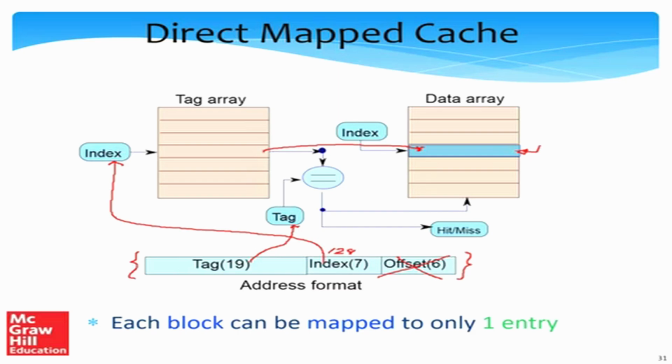So what's the advantage of a direct mapped cache? The advantage is that it is very simple. Unlike a fully associative cache, we don't need to use CAMs at all. So the tag array can be an SRAM array.